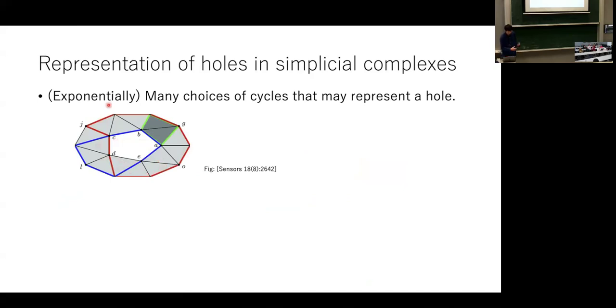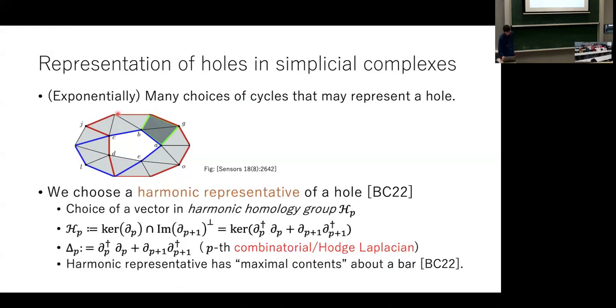But we need to give a description of the holes, and there can be many choices of possible representations of the hole. For example, in this picture, this blue cycle is maybe a good choice, but this red one may also be good. So there can be actually exponentially many choices.